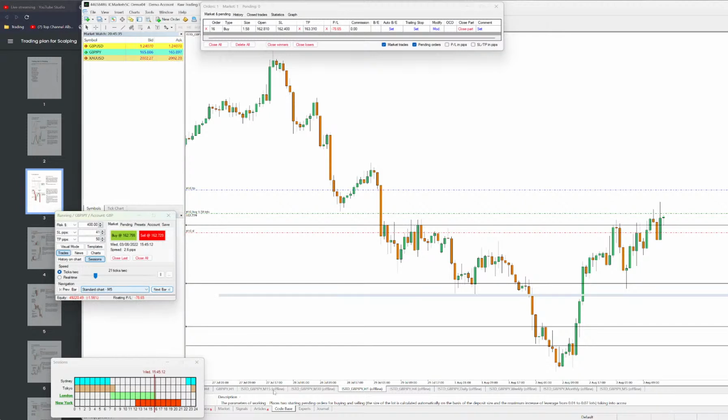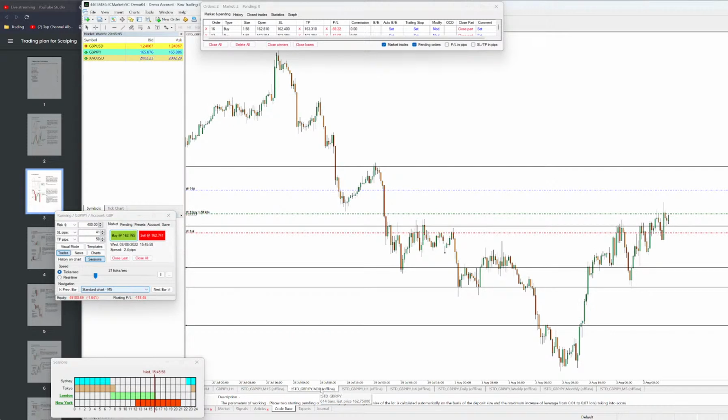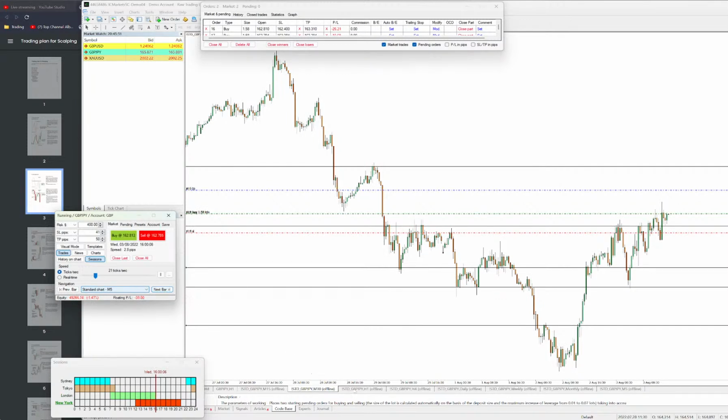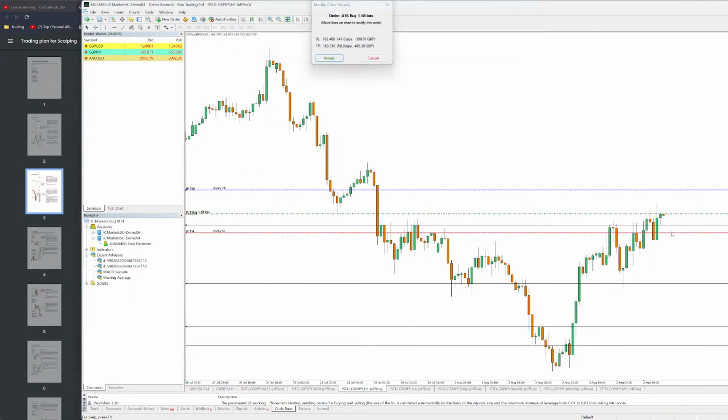Let's say 15-minute candle close bullish, so maybe take another buy here. And let's see if it's going to work out or not. Technically now it should work out because the 1 hour is bullish, but I'm going to modify my stops and bring them to the current 1 hour candle.